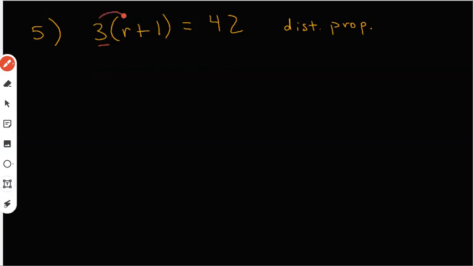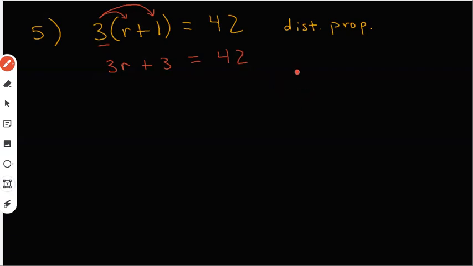So I'm going to be multiplying 3 by r, and I'm also going to be multiplying the 3 by the 1. When I multiply 3 by r, I get 3r. And the plus sign comes down. I have 3 times 1, which is 3. And then this side is still 42.